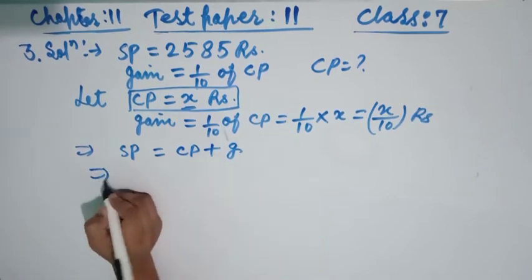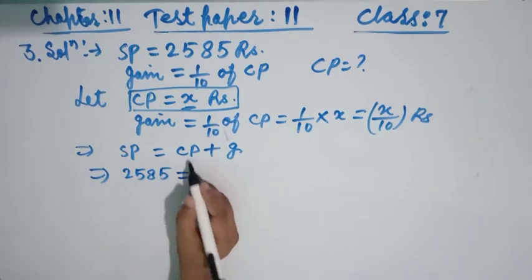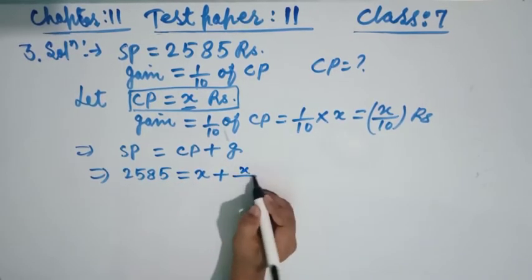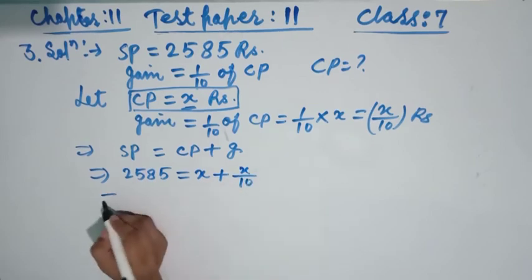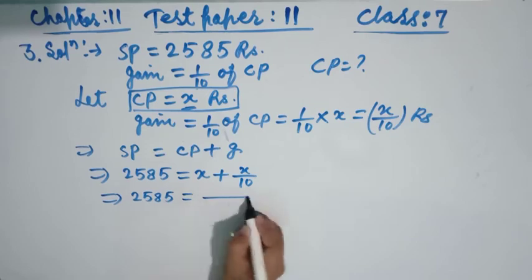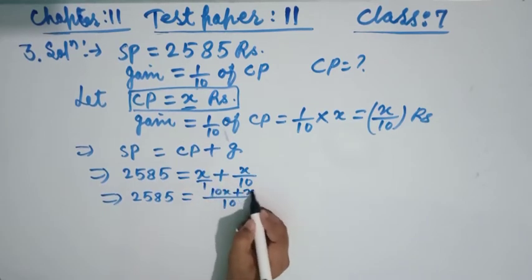Now the SP is given: 2585 is equal to CP, which is X, plus gain, which is X by 10. Now take the LCM of 10. So this is 10x plus x.